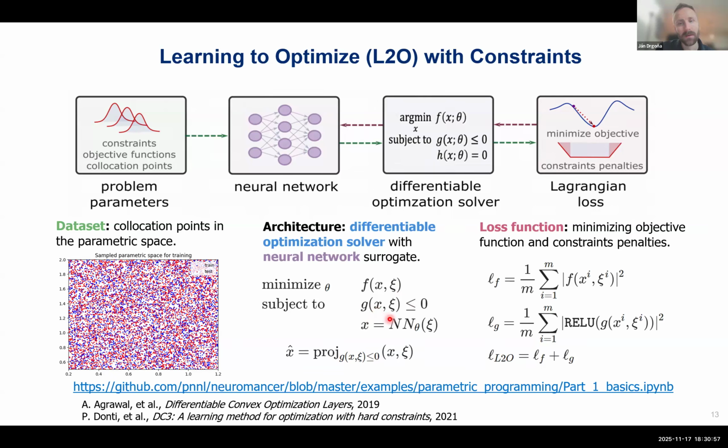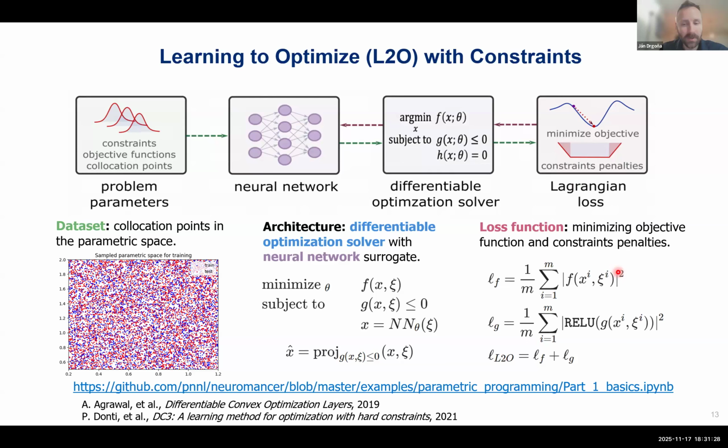And now, because we are dealing with systems requiring hard constraint satisfaction, very often we embed these optimization problems inside. So if G and F, your objective and constraints, are differentiable, you can embed them as layers in your computation graph. And now, in a physics-informed or domain-aware loss function, you can do the same trick that we are doing in PINNs.